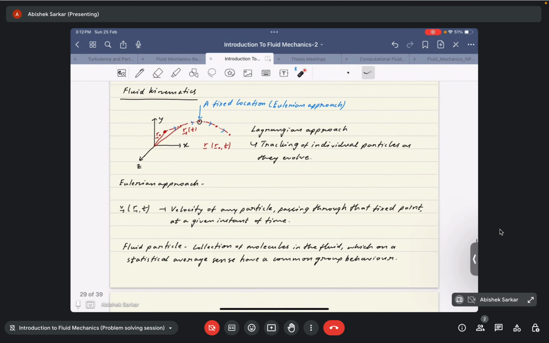Okay, so consider that there is a fluid, and that this is a fixed point with respect to which we want to study the variation of flow parameters in the fluid flow.